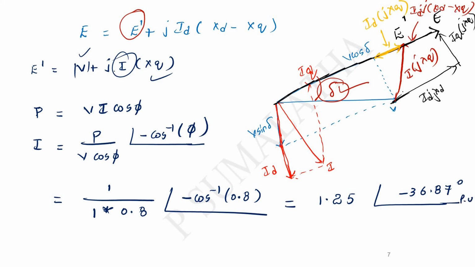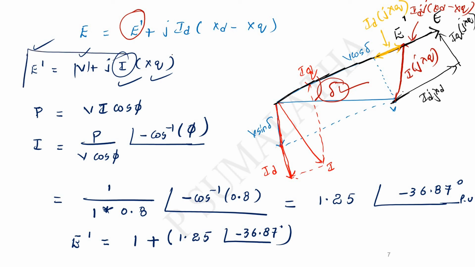So now we got the current equation, then directly we can substitute in this. So E dash is equal to the V value of 1 per unit plus the I value 1.25 at an angle minus 36.87, so I am substituting the current I value in this equation, into JXQ.